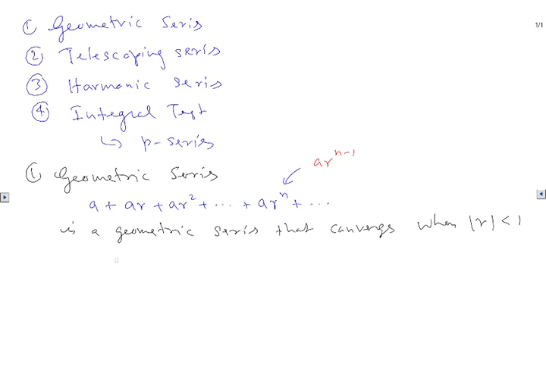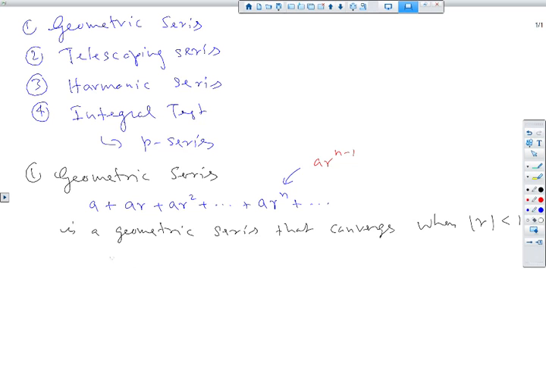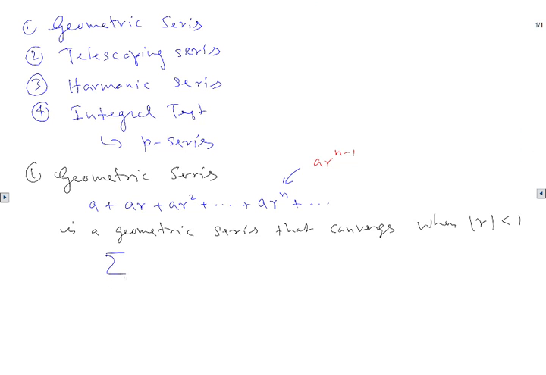So we can write the sum like this: sigma from n equals 0 to infinity of ar^n. You can see that when n equals 0 you get a. So this converges to a, the first term, divided by 1 minus r. This happens when the absolute value of r is less than 1. If the absolute value of r is greater than or equal to 1, the series diverges.